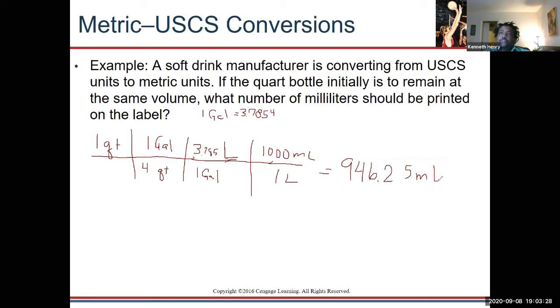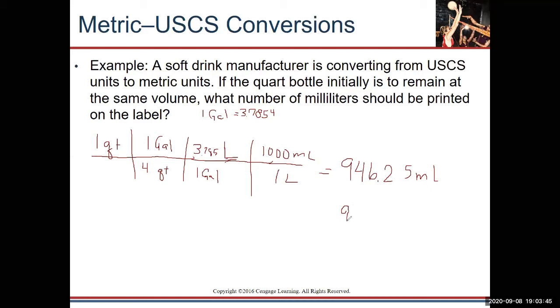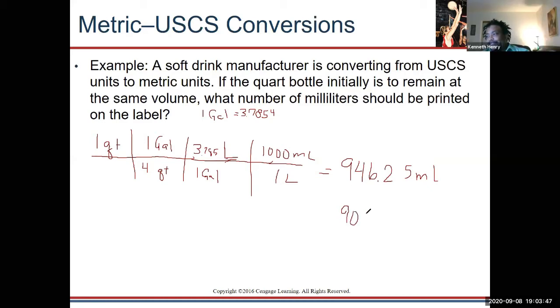If we started out with 1 exactly, how many sig figs would the lowest be? One. So then the answer, if we were doing sig figs, would be 1,000 milliliters. Oh, no, it'll be 900. So if we're using sig figs, it'd be 900, right? Piece of cake?